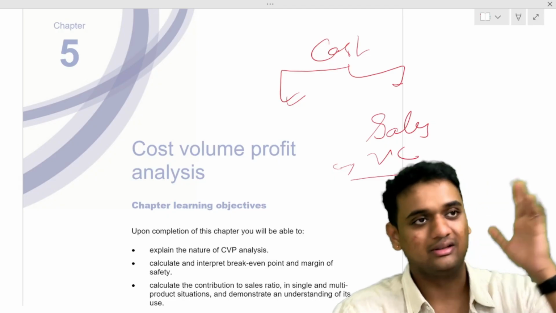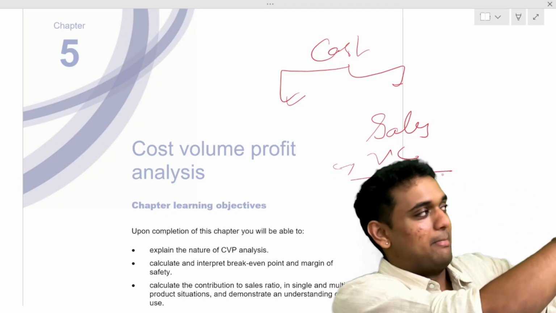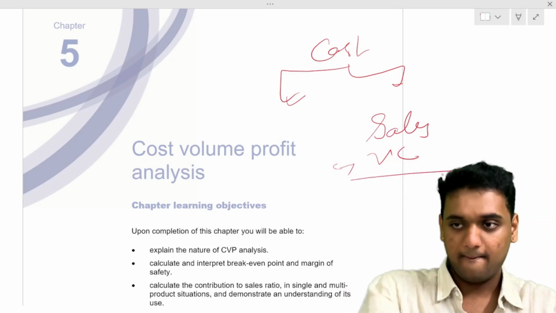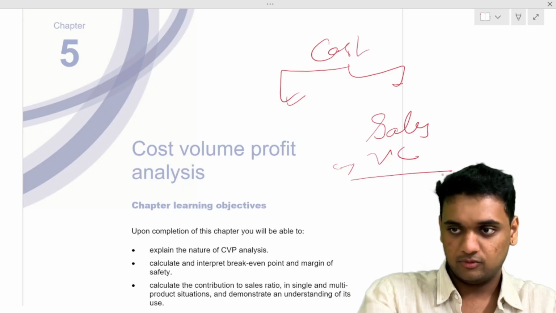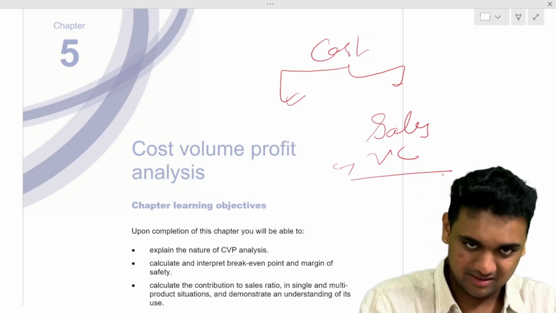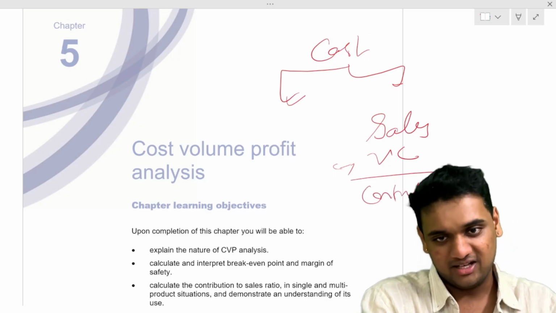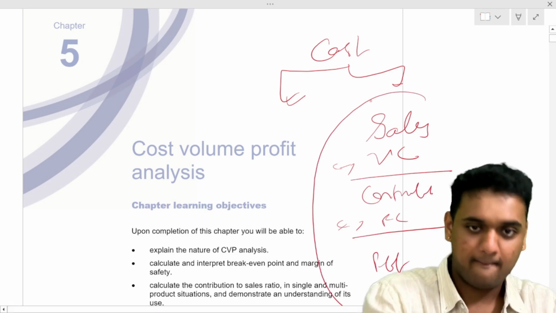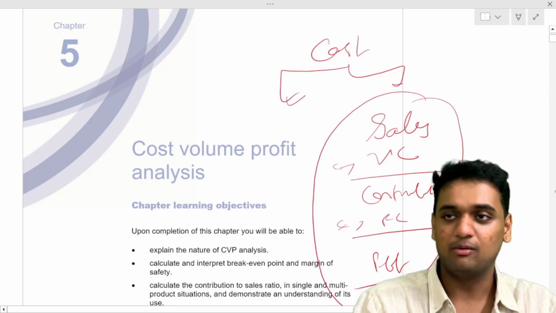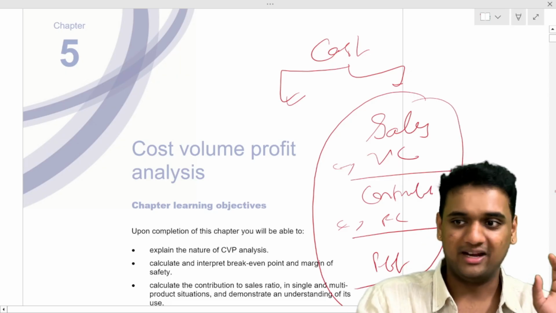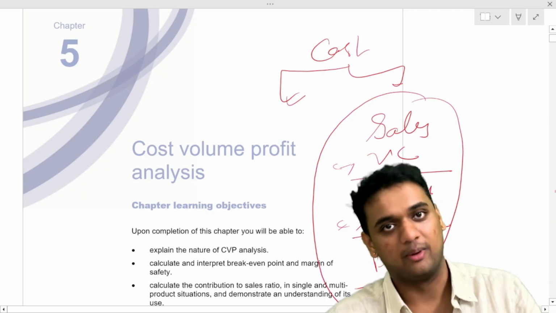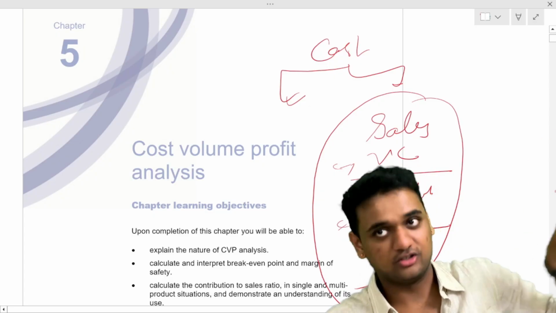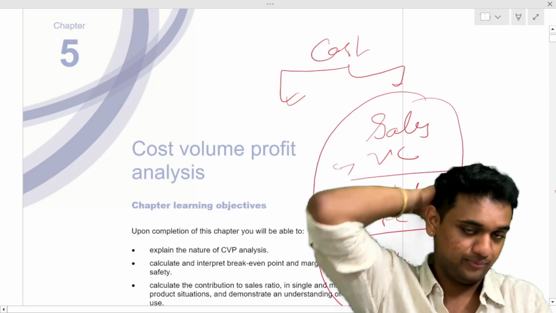Sales minus variable cost will give you contribution. Minus fixed cost, you will get profit. You have to write it in this format: sales minus variable cost gives contribution, minus fixed cost gives profit. Five line items should be there.